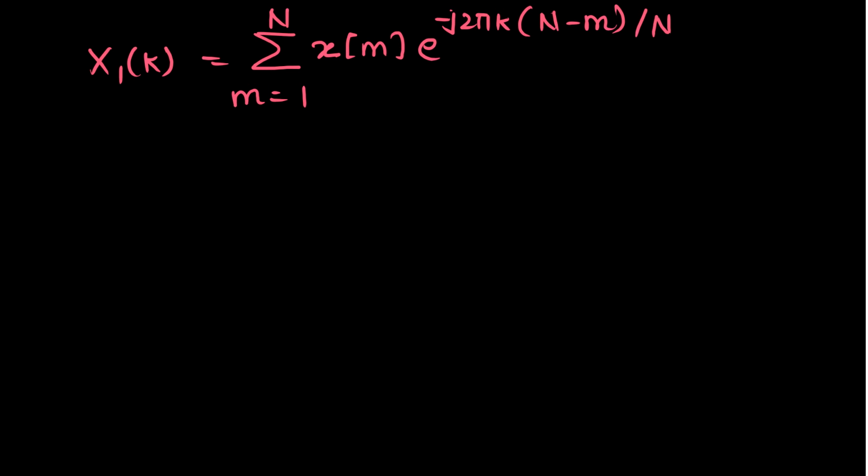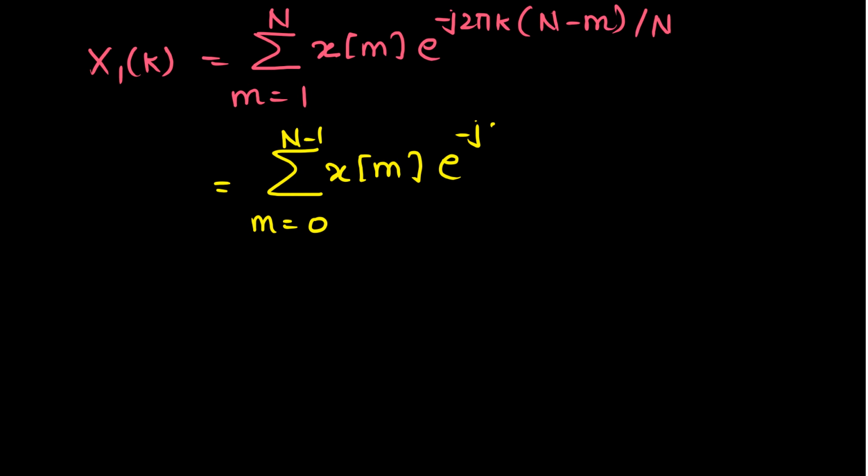So we can just change the limits here as summation m running from 0 to N minus 1 x of m into e to the power minus j 2 pi k N by N multiplied by e to the power minus j 2 pi, we can write it as minus k into m by capital N.